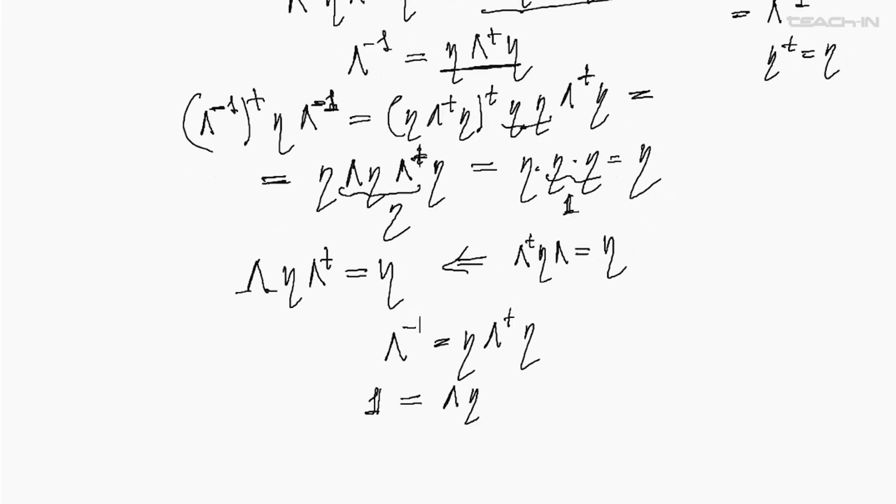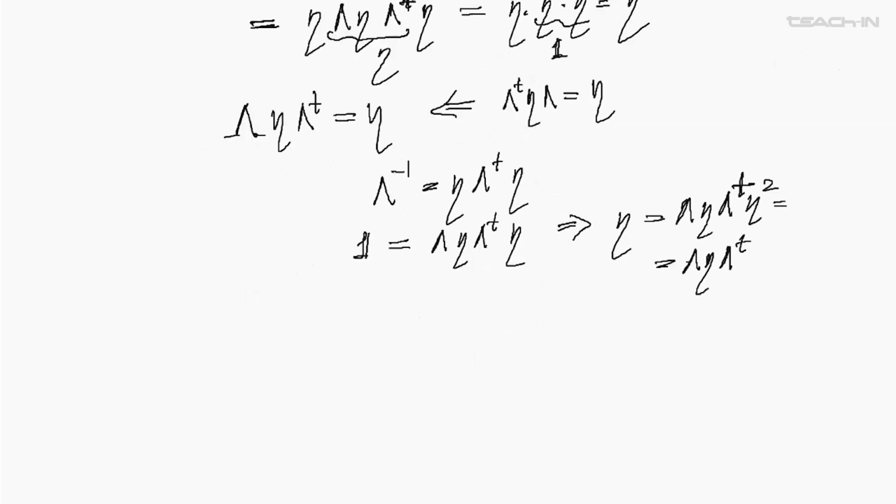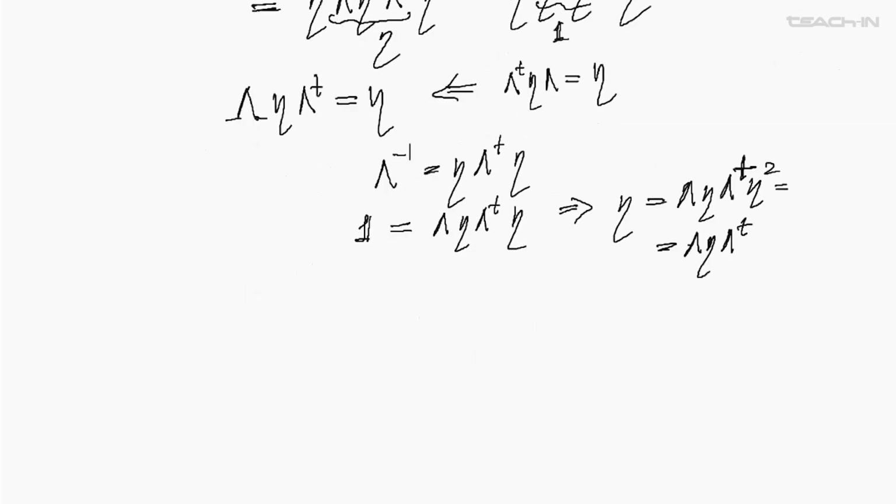So you get eta lambda transpose eta squared, but eta squared is the identity matrix, and so you get lambda eta lambda transpose is equal to eta.